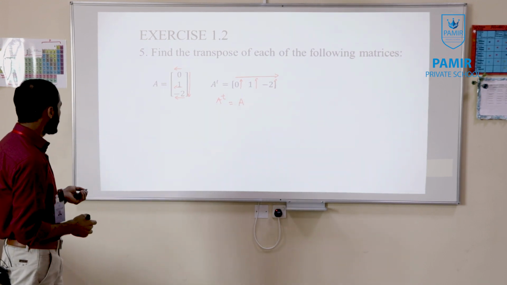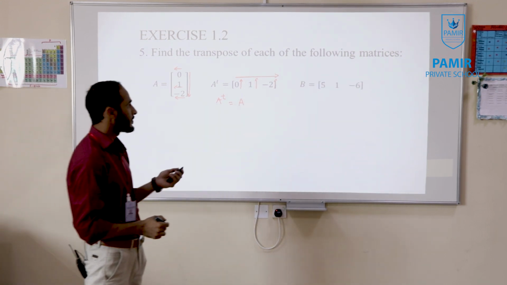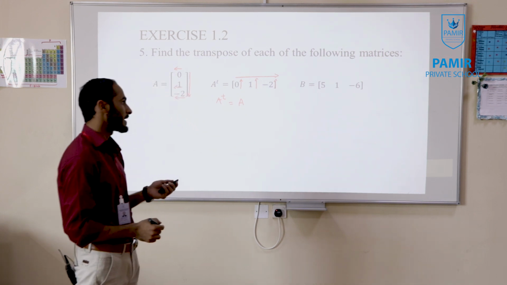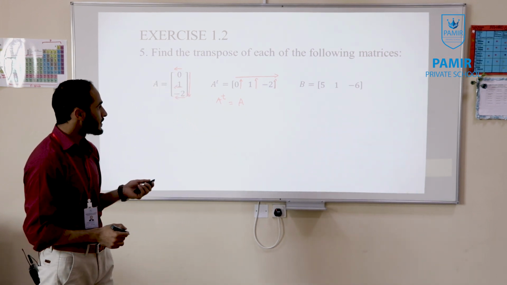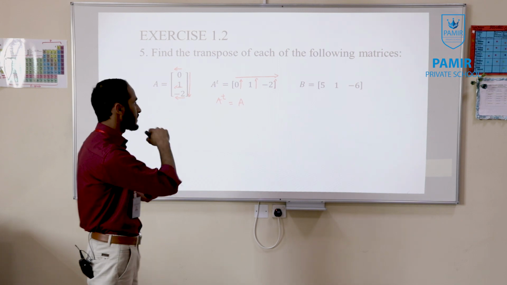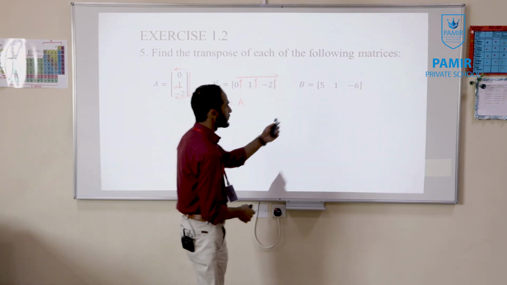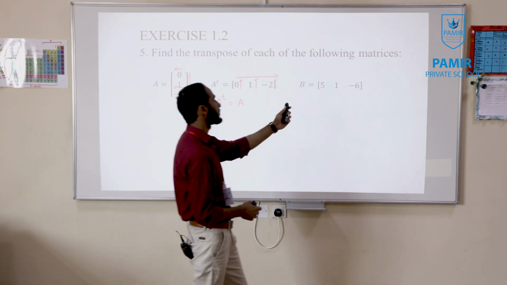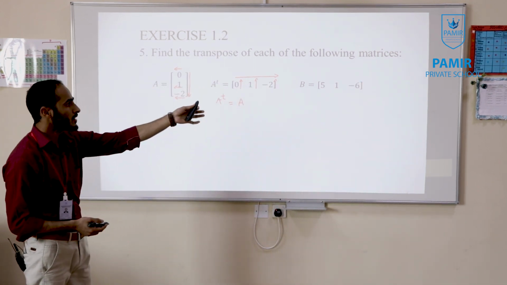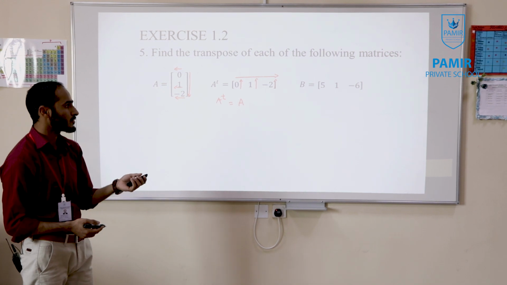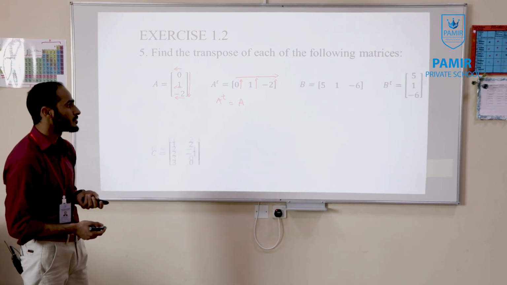Now the second example is matrix B, which is a row matrix. The entire row we can convert into a column form, so that we get the transpose of the matrix.